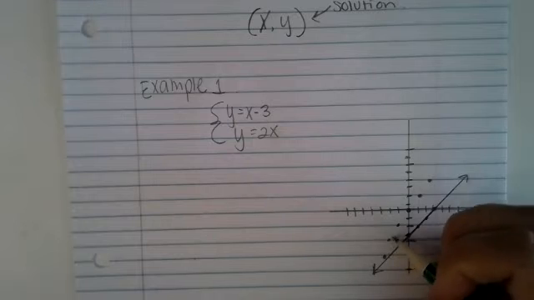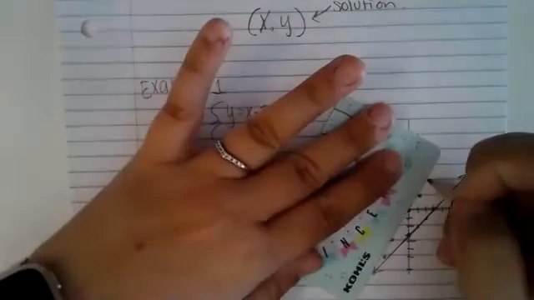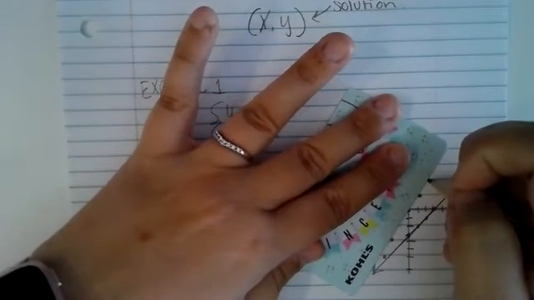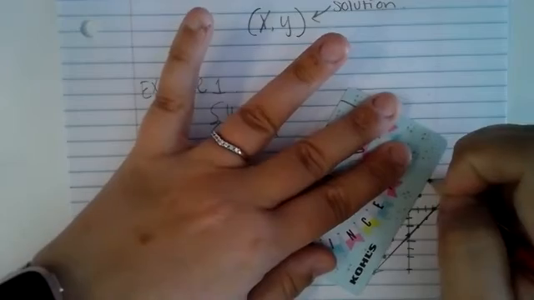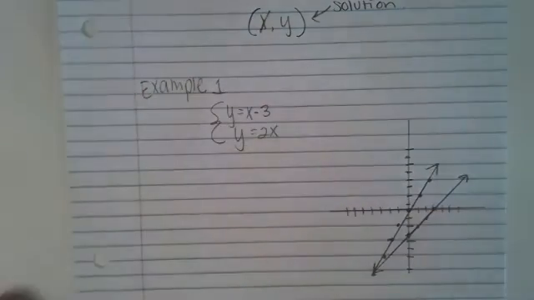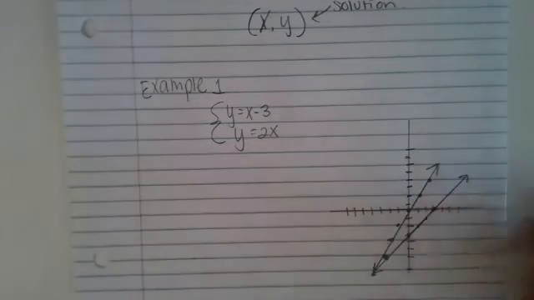Something that looks like this maybe. This is why we don't graph on binder paper, because it doesn't look very good. This line is looking very janky. I'm going to try my best here, but this is not pretty at all. So I think it's supposed to be intersecting right around here.